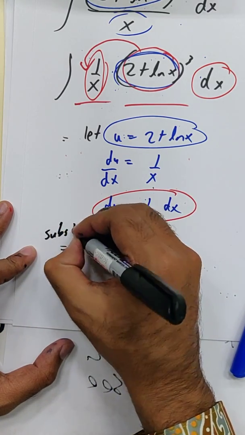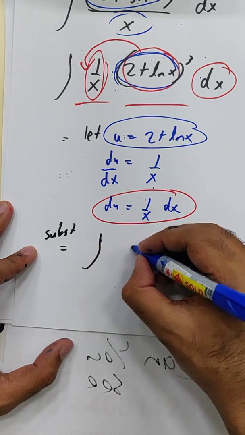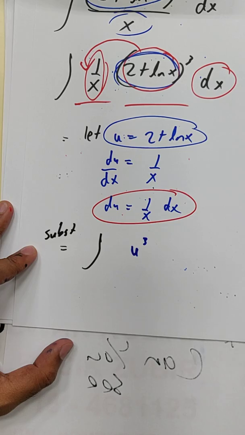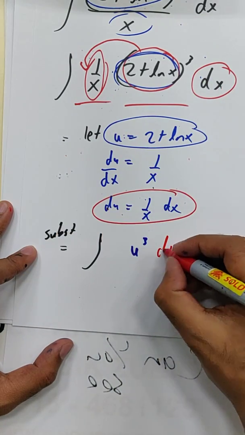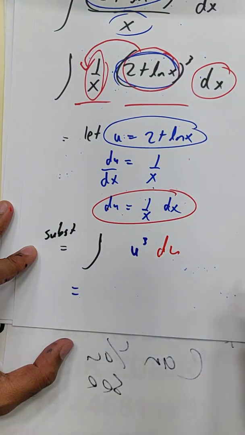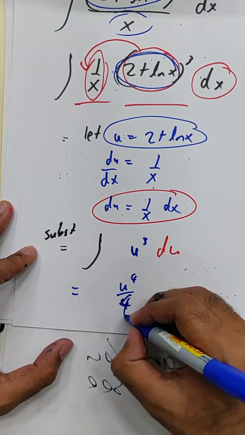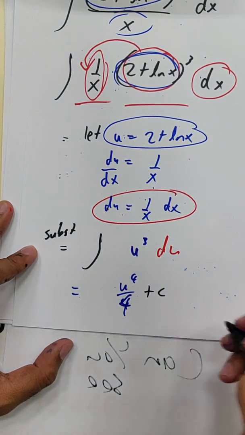So we substitute. Cube 1 over x dx is du. So u to the power 4 over 4 plus c, and u to the power 4 you should sub back.